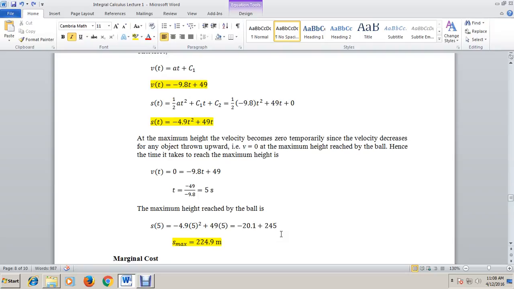Plus 49 times 5 gives you 245. 245 minus 122.5 gives you 122.5 meters. So finally, we have s maximum as the maximum height reached by the ball, where the ball travels 5 seconds from the ground, reaching the maximum height.